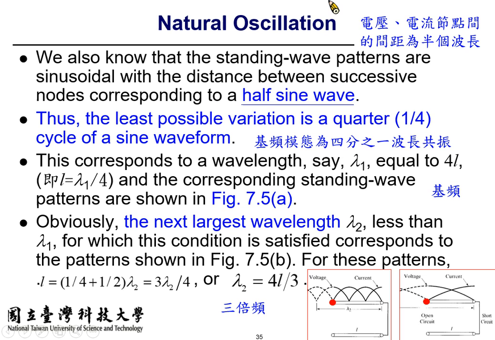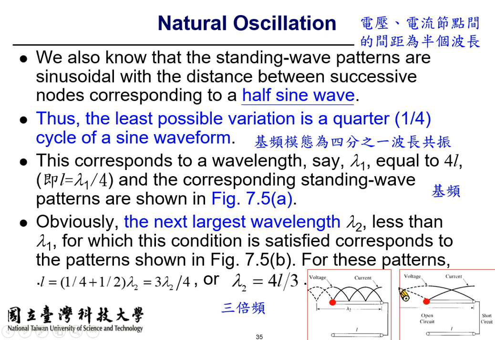For the resonance structure, the smallest resonance structure is in the form of quarter wavelength resonant mode, and it requires one end to be open terminated and the other end to be short terminated.